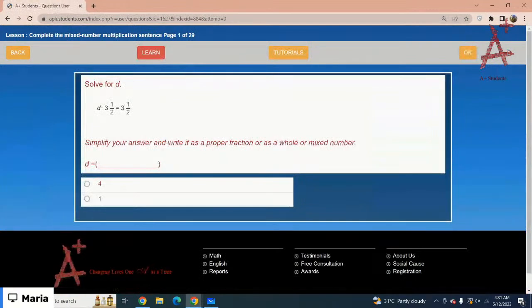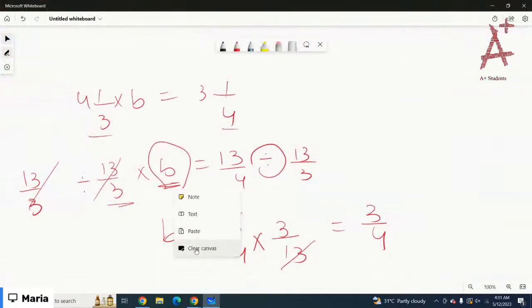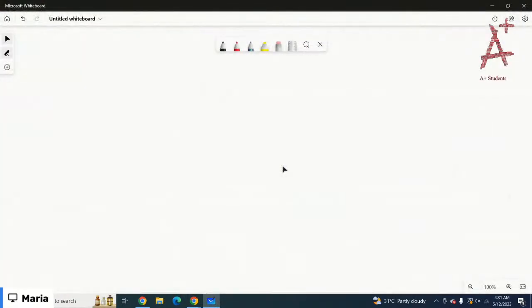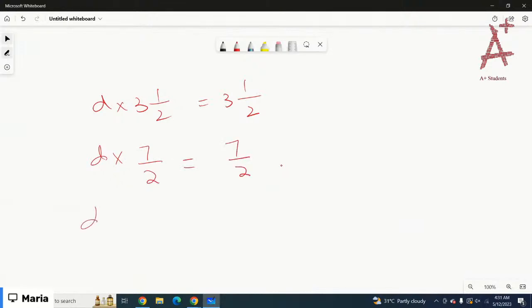Okay, d times 3 whole 1 by 2 equals 3 whole 1 by 2. It would be d times 2 times 3, 6 and 1, 7 over 2, and 2 times 3, 6 and 1, 7 over 2. You have to remove that 7 over 2.